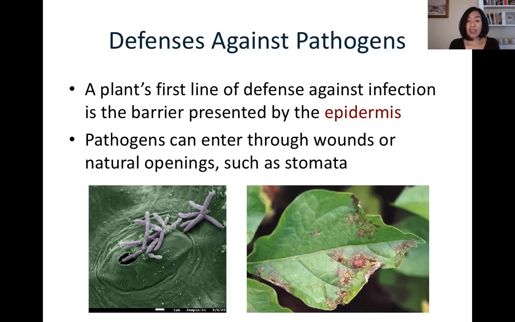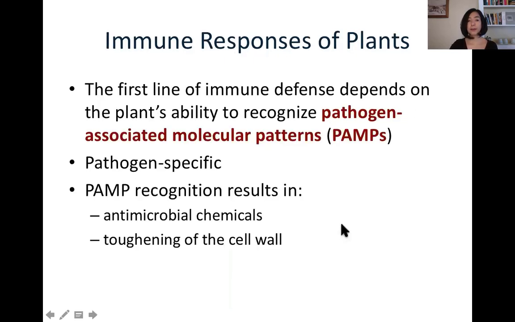But remember, we have stomata in plants. These are natural openings that allow the exchange of gases. So if the stomata are open, these are natural openings for pathogens as well. The pathogens can enter through the stomata or through wounds in these plants. And once they get inside, they can damage the plant.